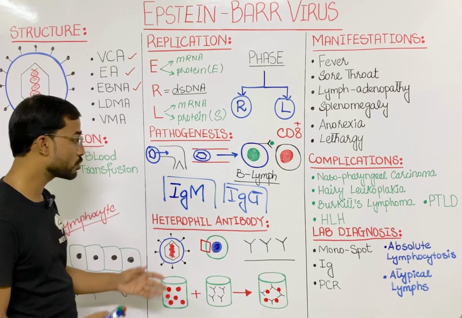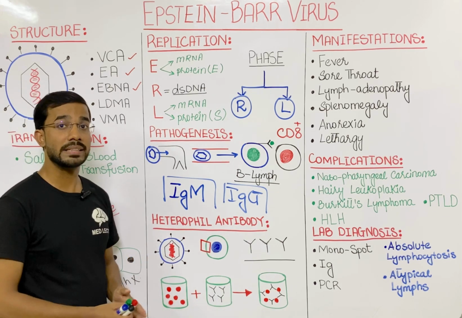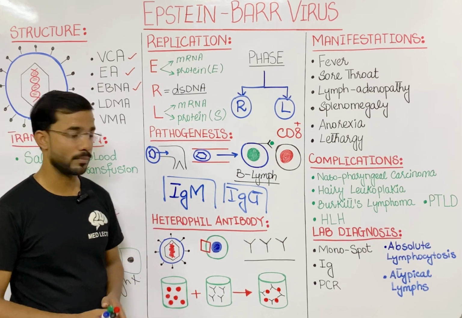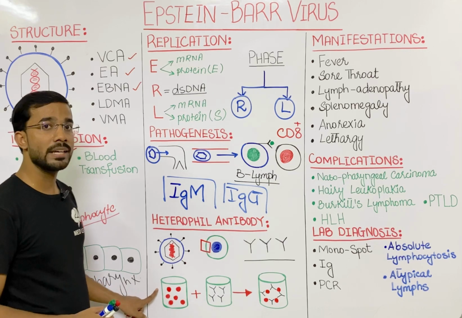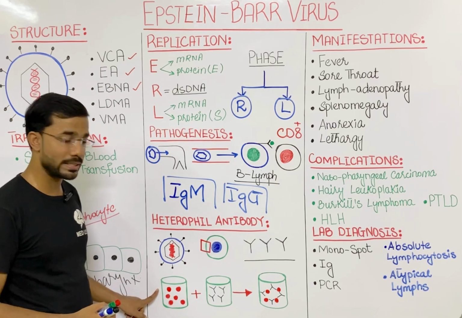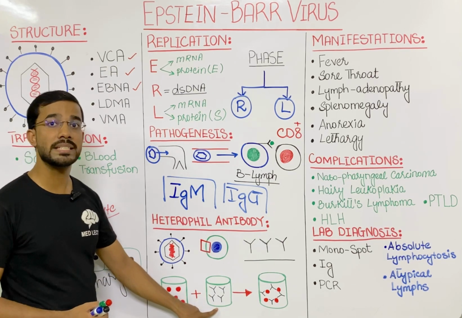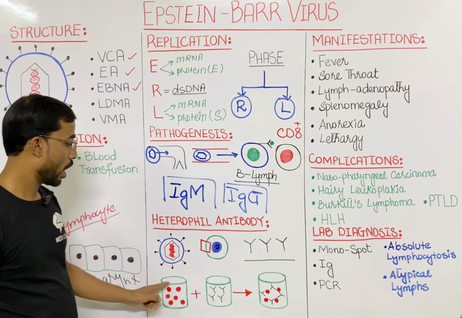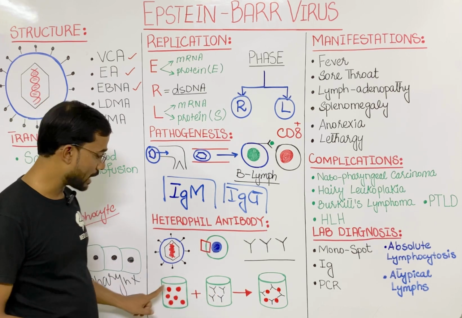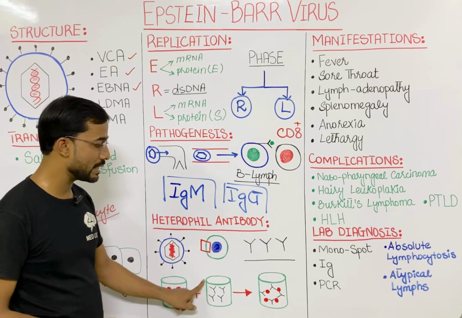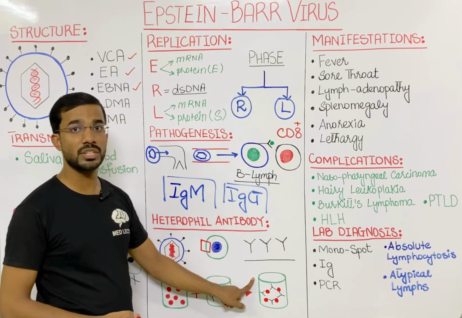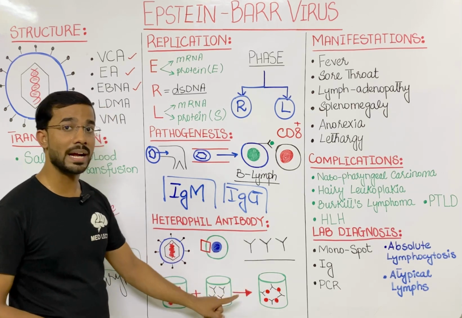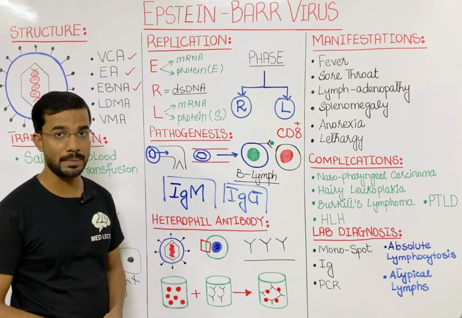Okay, so how will we detect these heterophil antibodies? We will take horse or sheep RBCs, and we will also take the serum having heterophil antibodies. We will combine these RBCs and the antibodies, and if agglutination is produced, it means that heterophil antibody is present.